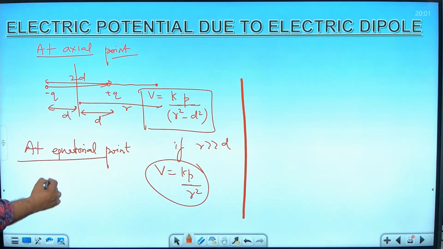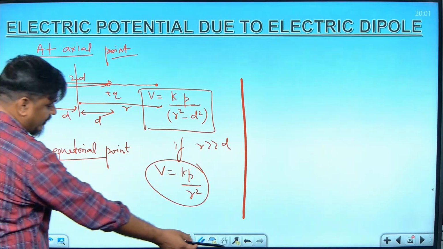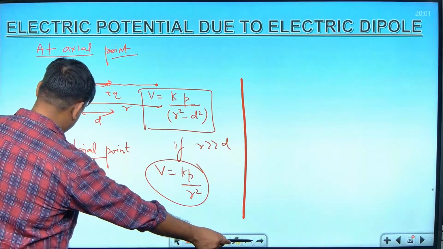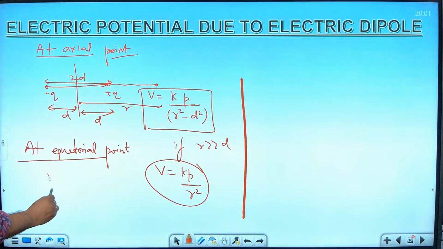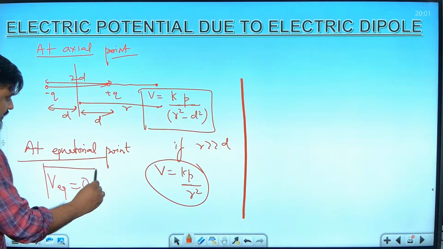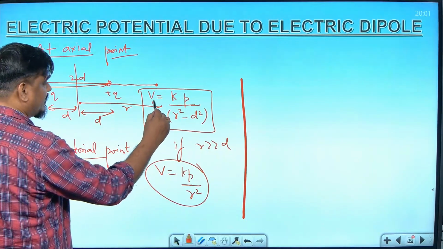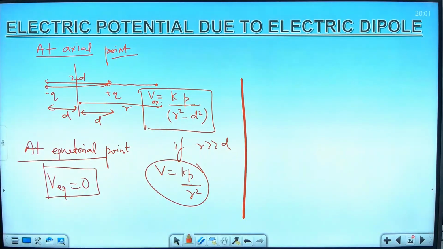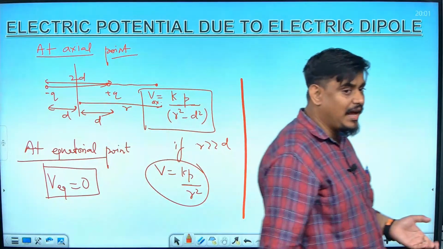Add, both will be cancelled. So V will become equal to 0, isn't it? So electric potential at equatorial point is 0. Electric potential at axial point is Kp by R square minus D square. This is for axial and equatorial point.